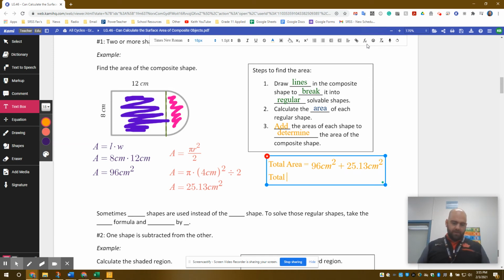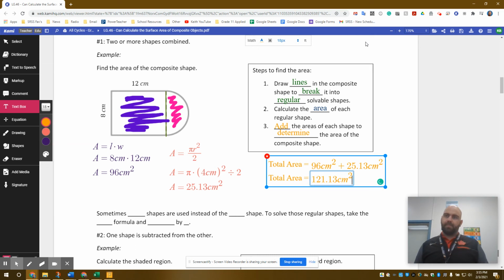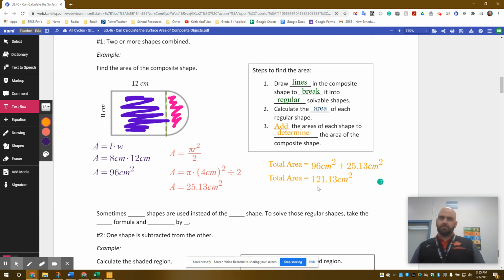And so our total area is equal to, we're going to add up, again using the calculator, 121.13 centimeters squared. And that is our total area. We've combined the two shapes.